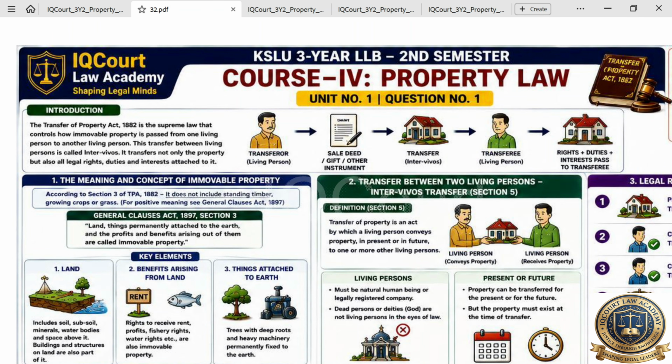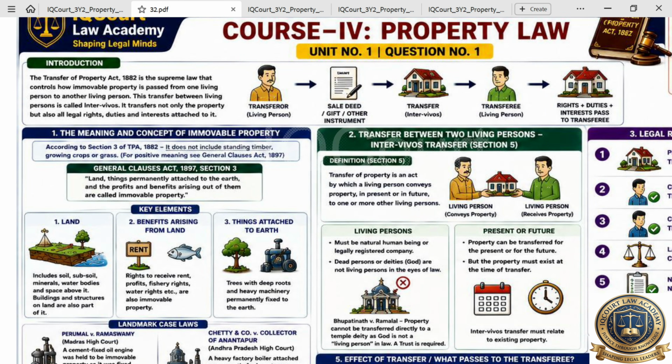So the Property Law Act doesn't say which things are immovable property. It talks differently, meaning a negative explanation, meaning which are not immovable property. That is what Section 3 of the TPA explains. If you want to see the positive meaning of immovable property, then you have to refer to the General Clauses Act, 1897, Section 3. Land, things permanently attached to the earth, and the benefits arising out of them are called immovable property.